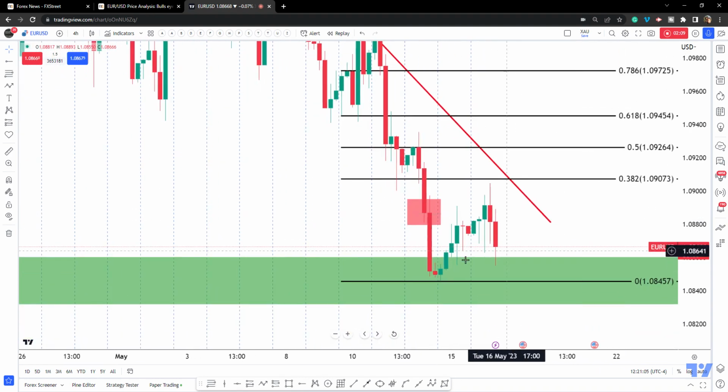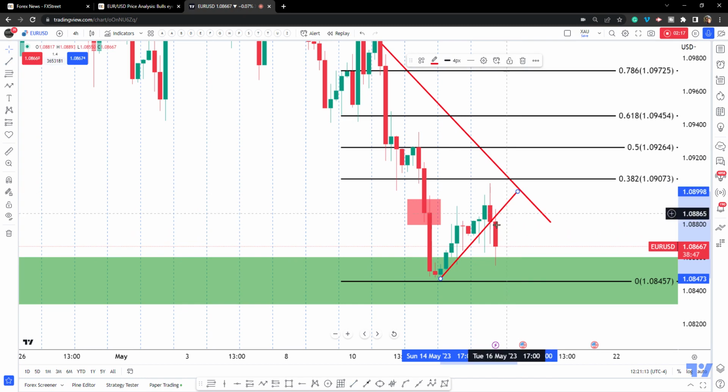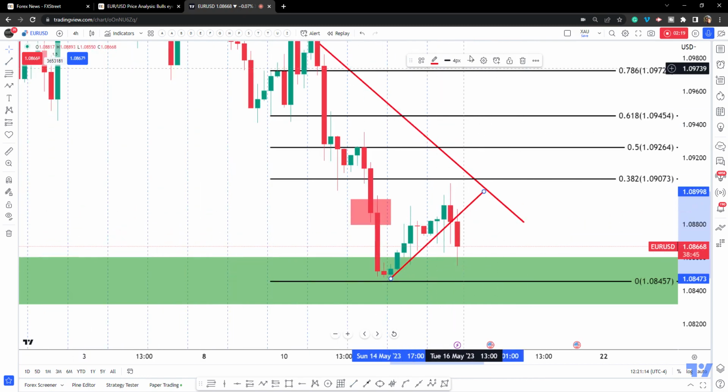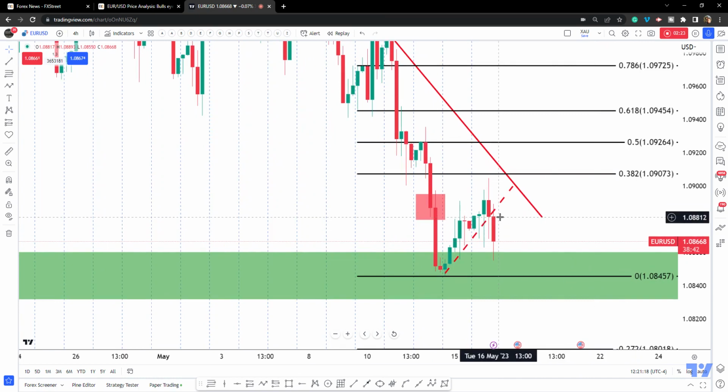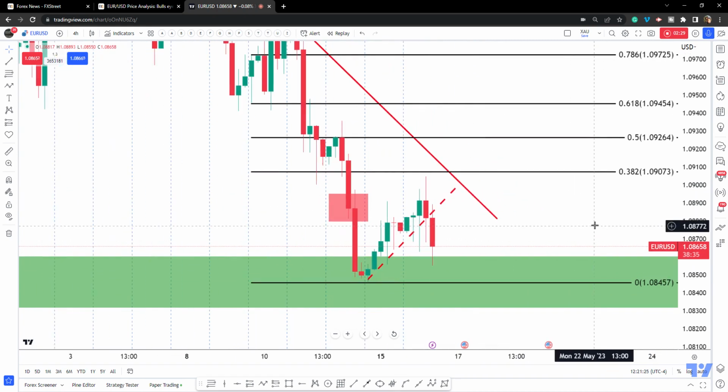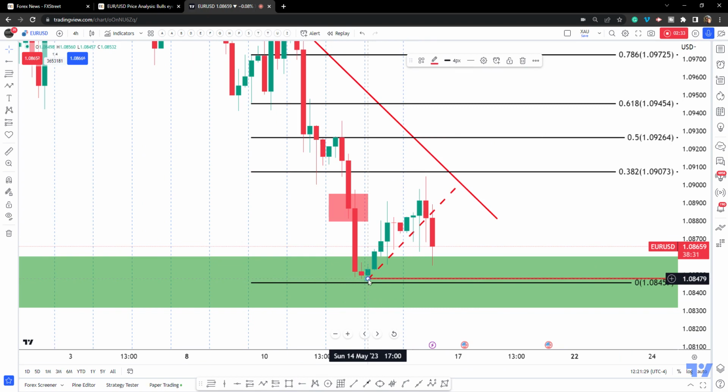on a stop hunt, breaking the trend, and this has a possibility of continuing lower to retest the lows.